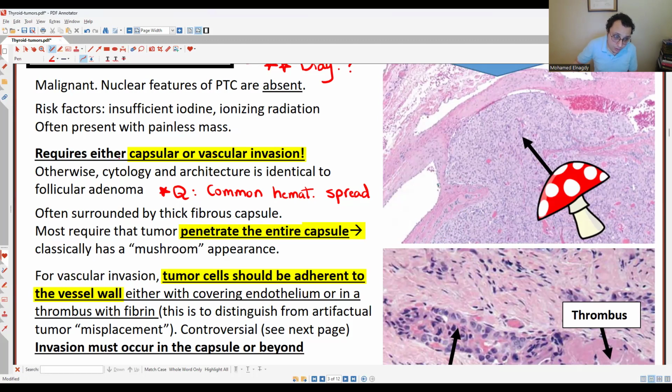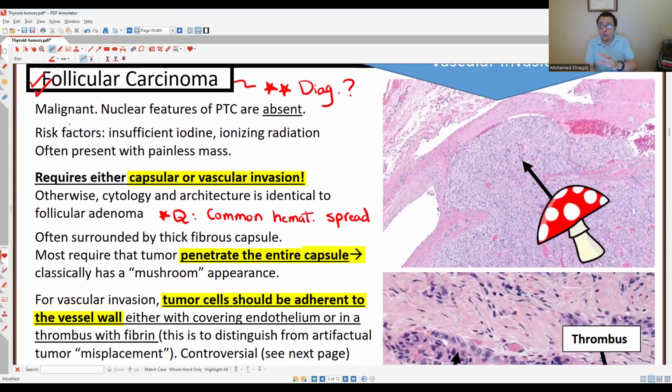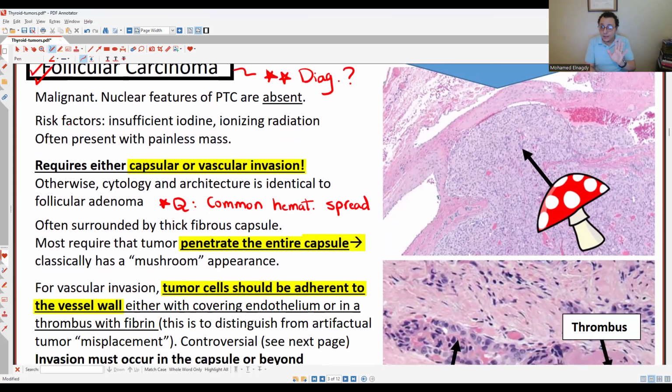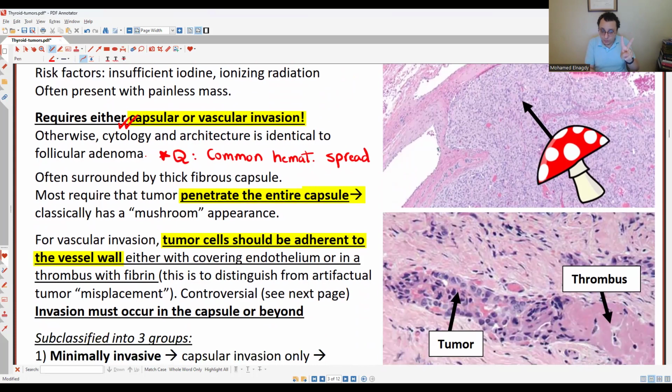For diagnosis of follicular carcinoma, it requires the same exact features as follicular adenoma, and the same thing, absent papillary nuclear features. However, there is either capsular or vascular invasion, or both.